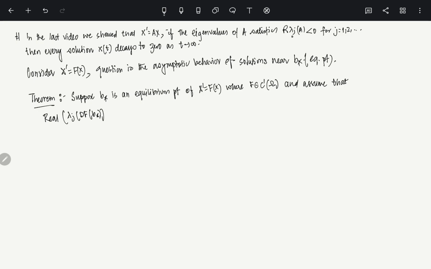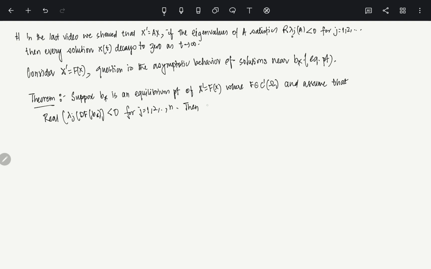See, f is a C1 function, so df is defined. df at b star is a linear map, right? So basically it's a matrix. And we can talk about the eigenvalues of the matrix. Let's say lambda j is our eigenvalues. Now look at the real parts of those eigenvalues. If they are negative, for j equals 1 to n, then what we can say is this.